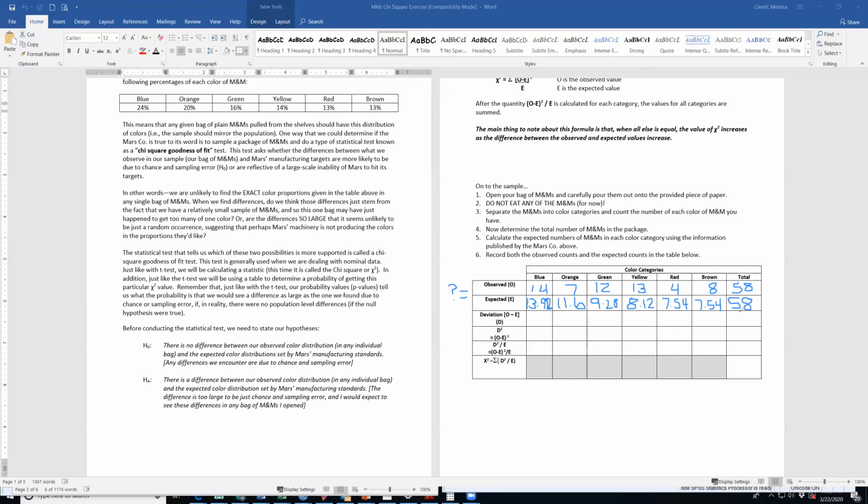And we start to do this in this first row by calculating the deviation, observed minus expected.